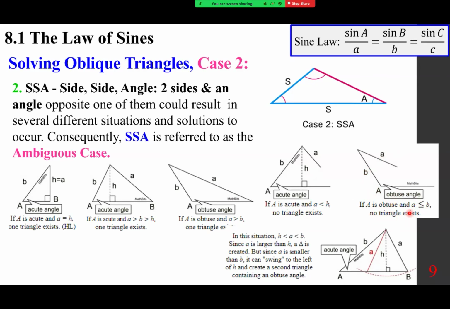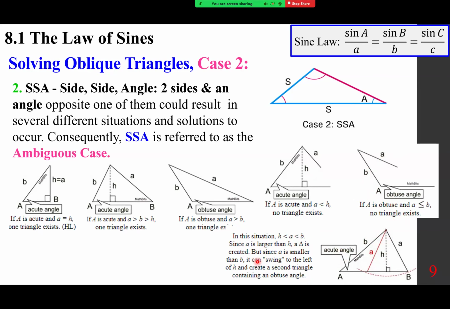Finally, in this situation, A is between H and B. Since A is larger than H, a triangle is created.